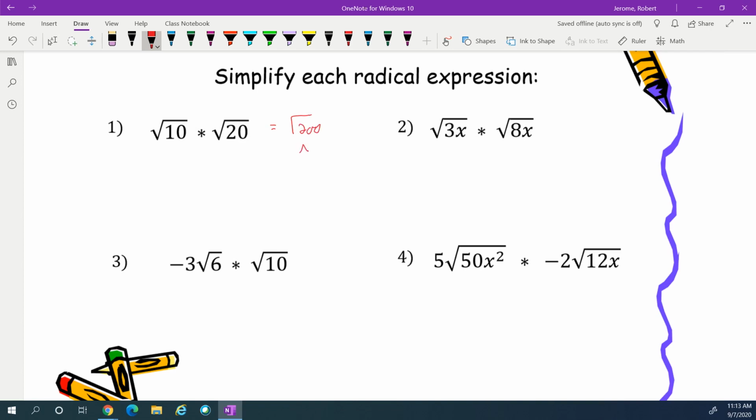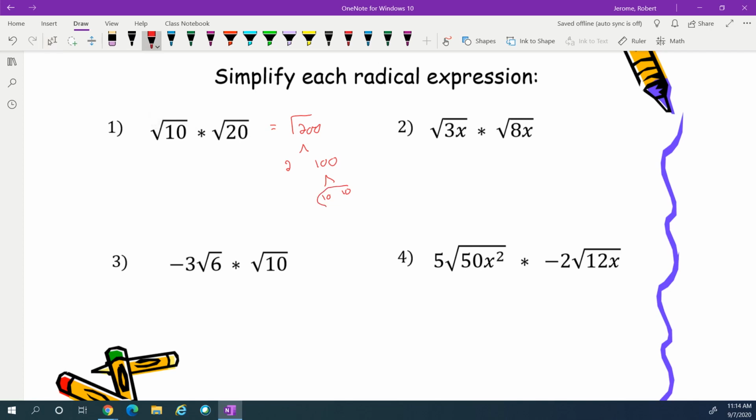Well, that's 2 times 100. And now I could keep going. 2 times 50, or 4 times 25, and 25 is 5 times 5. Or, because this goes back to the beginning of the lesson, what I could do is, I know 100 is 10 times 10. Remember, our whole goal is to find pairs.